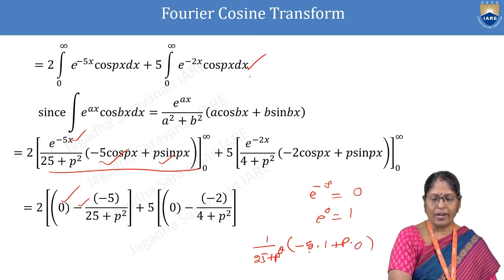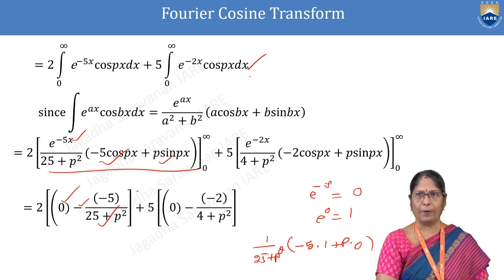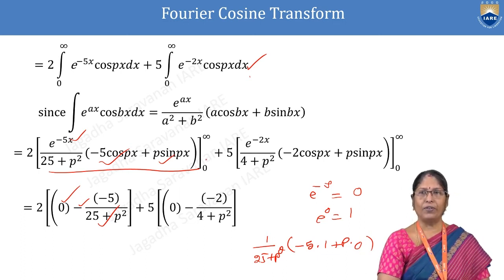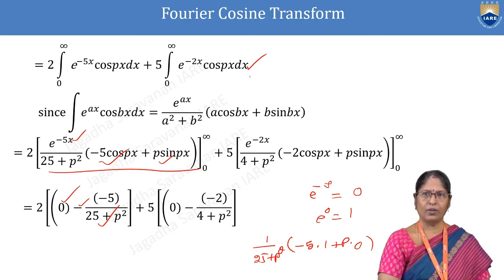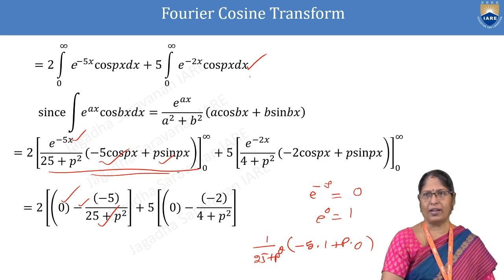So we get minus 5 by 25 plus p square. We substituted 0 to infinity, and that work is completely over for the first integral.